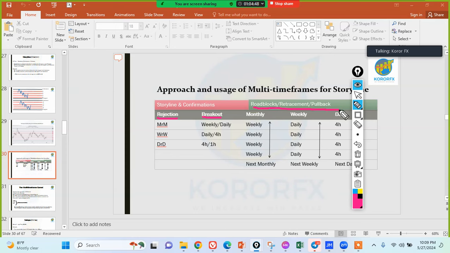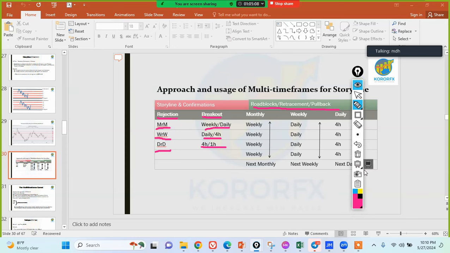That's what we do. About the time frame, we may get a daily reject, a weekly reject, maybe a monthly reject. So you also have to know which time frame will break out. The daily reject, then 4 hour or 1 hour breakout, like one time frame breakout, two time frame breakout.